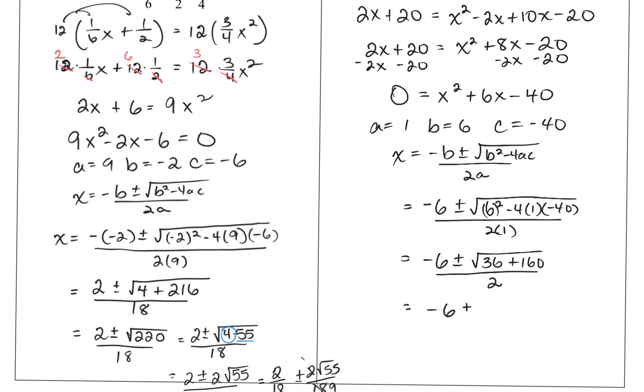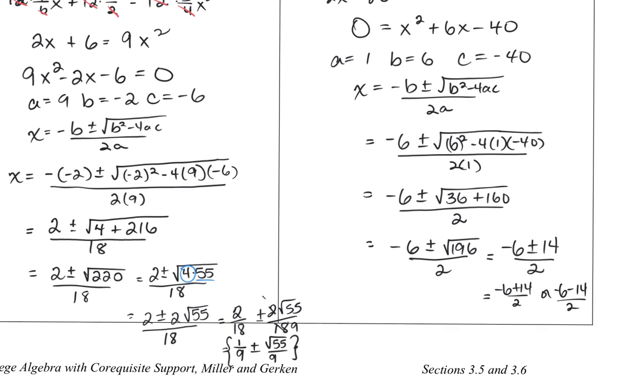Negative 6 plus or minus the square root of 196 over 2. Now the square root of 196 is 14. So that tells me that this would have factored whenever I get a whole number there, right? So negative 6 plus 14 divided by 2, or negative 6 minus 14 divided by 2.